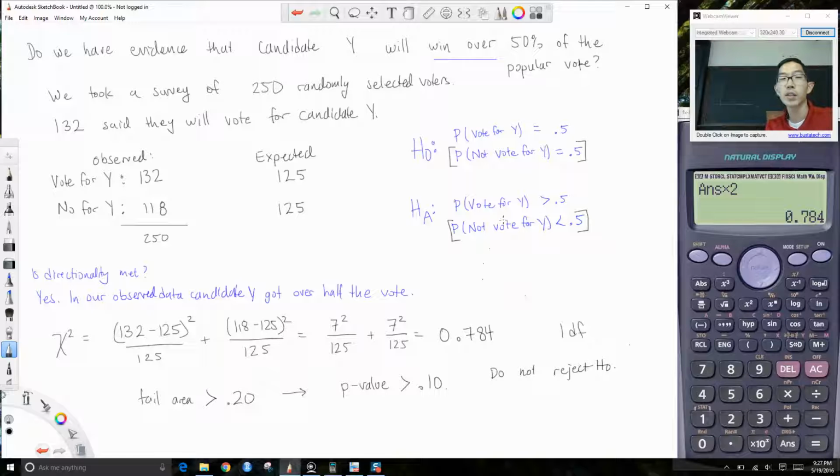And we say that our data does not provide evidence that candidate Y will get over 50% of the vote.